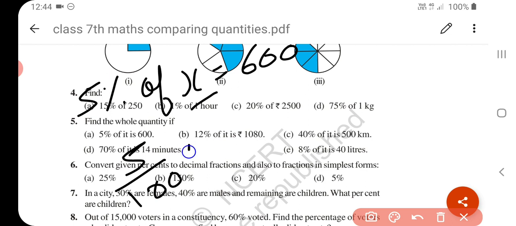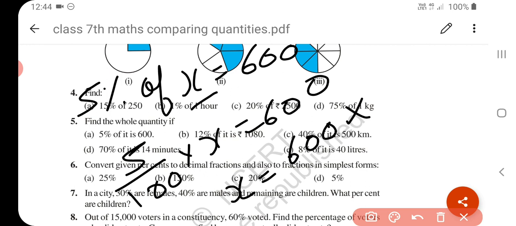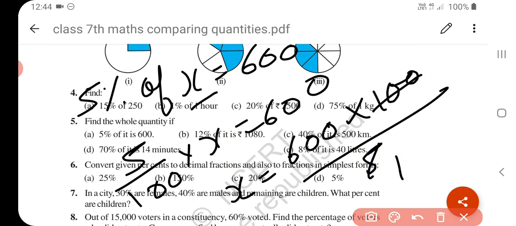So you can write 5/100 into x is equal to 600. So what is x? 600 into 100 upon 5. 5 1s are 5. So you get 12,000. Your answer is 12,000. Thus the required quantity is 12,000.